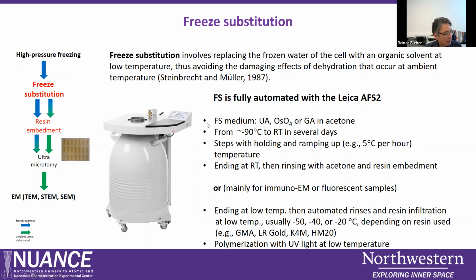Usually those protocols are such that the sample is kept at -90 or -85 degrees for several days. During that time, the water is replaced with a freeze substitution medium. Freeze substitution medium usually is acetone with glutaraldehyde or uranyl acetate or osmium tetroxide. Sometimes it can be a combination of those.